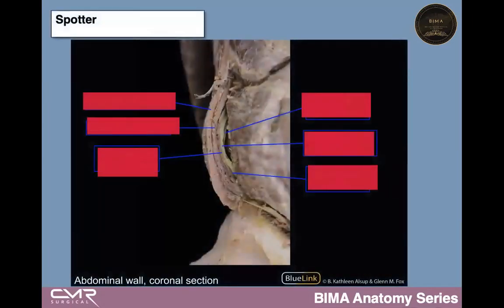Right, moving on. Another spotter. Can you guys please tell me what these landmarks are from in an anti-clockwise way, please? So from the left to the right.